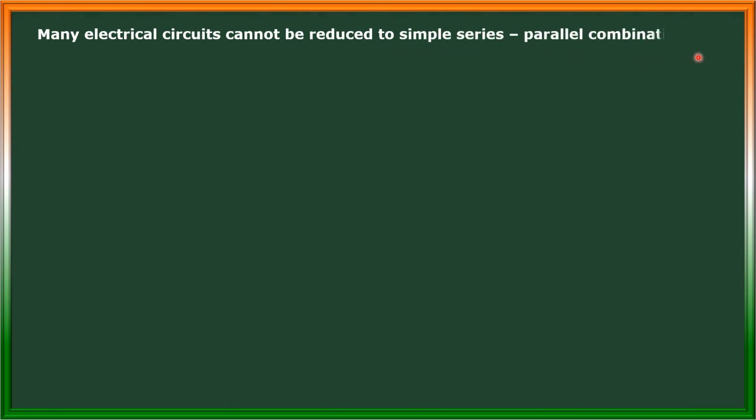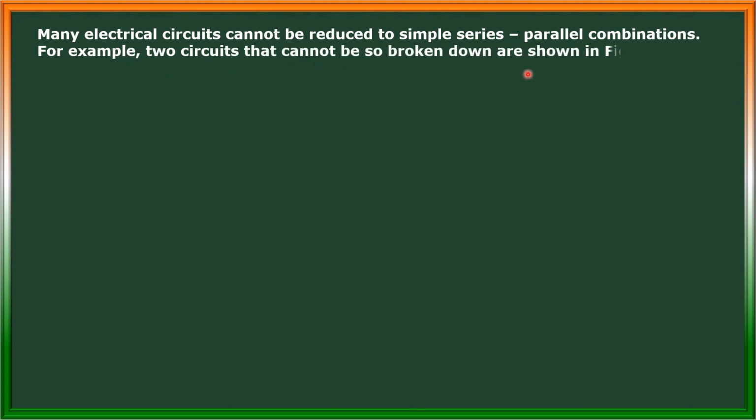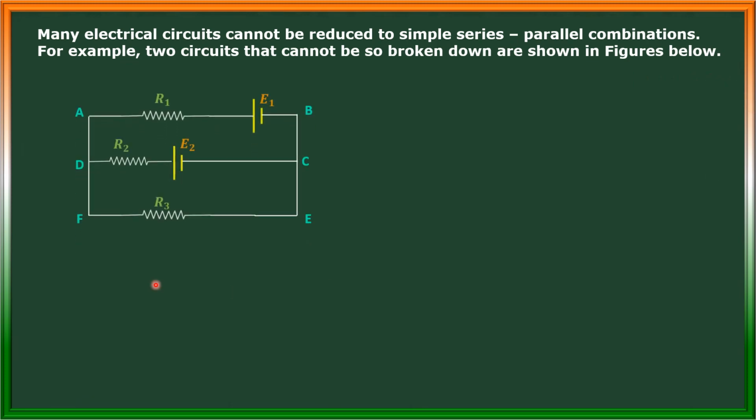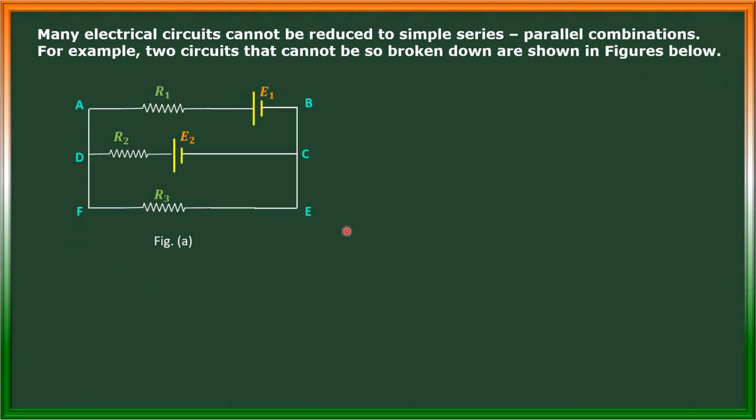Many electrical circuits cannot be reduced to simple series parallel combinations. For example, two circuits that cannot be so broken down are shown in the figures below. This is a circuit which contains two batteries and three resistors connected in this manner.